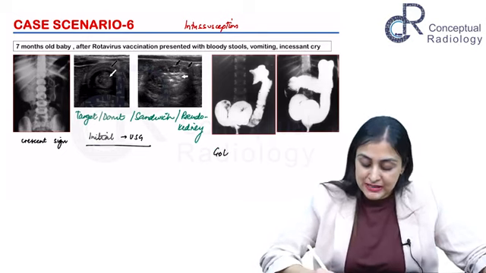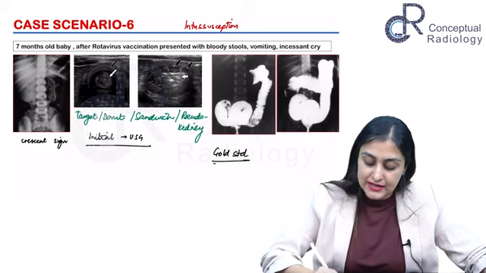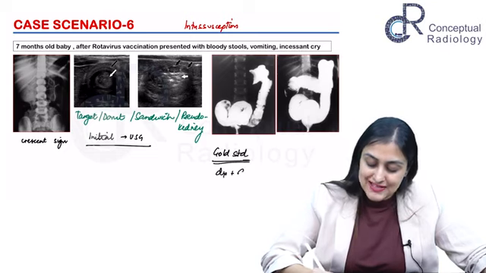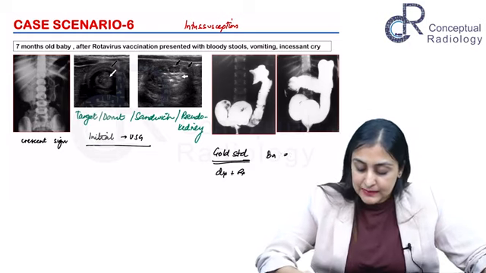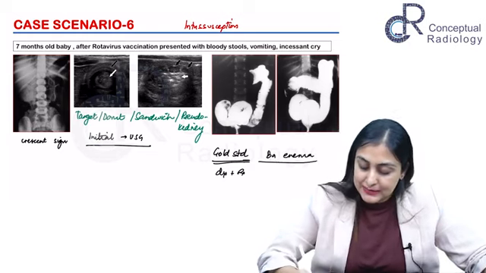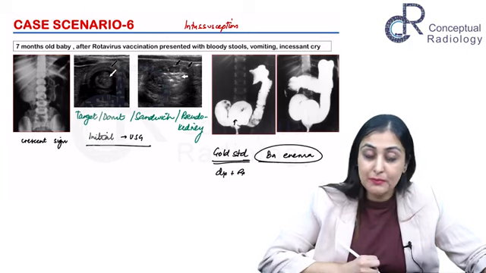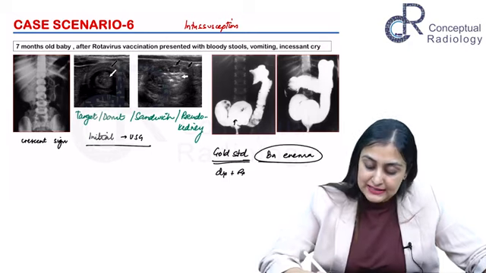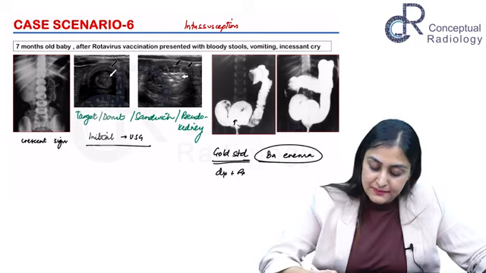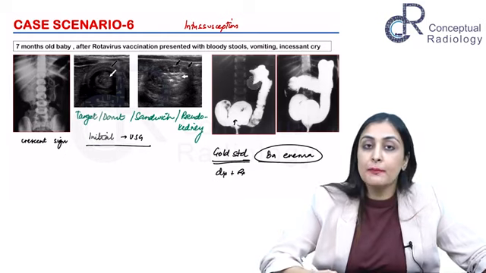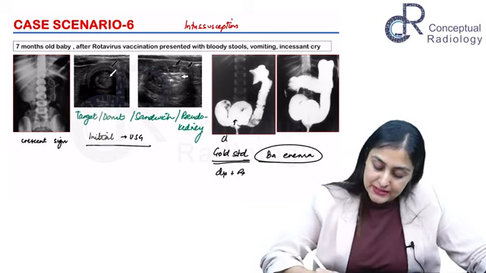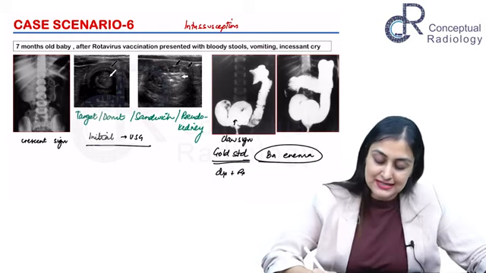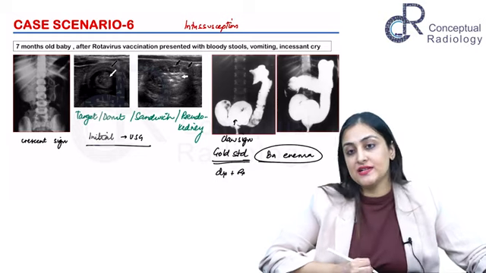This has been called the gold standard because it is diagnostic as well as therapeutic. Now, with a barium enema, at the level of the intussusception you see a claw or pincer grasp or a meniscus forming. This is called the claw sign, and it tells me the point where there is intussusception.